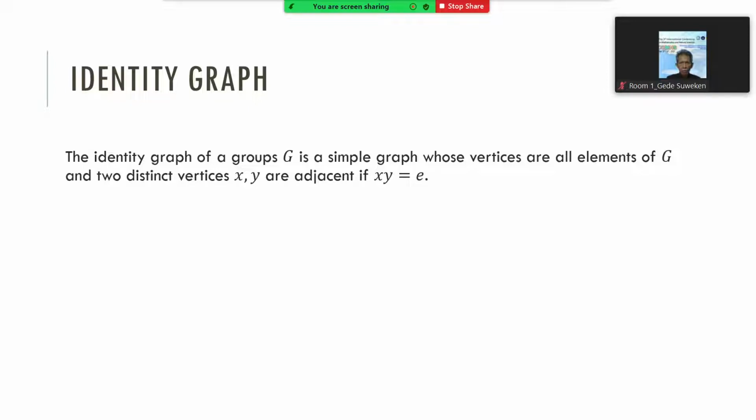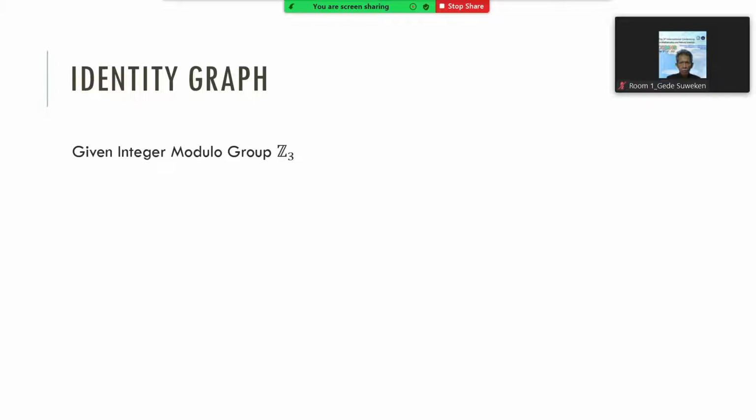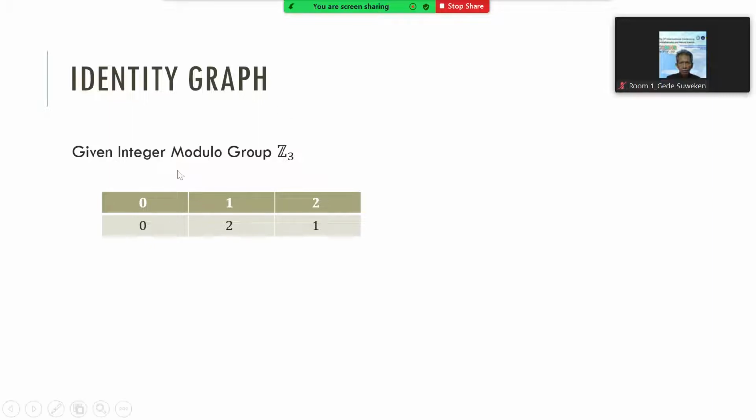This is to make sure that the identity can always have an edge with every element. I will give you an example. If we have the integer modulo group Z3, we have 3 elements, and the inverse of 0 is 0 itself.